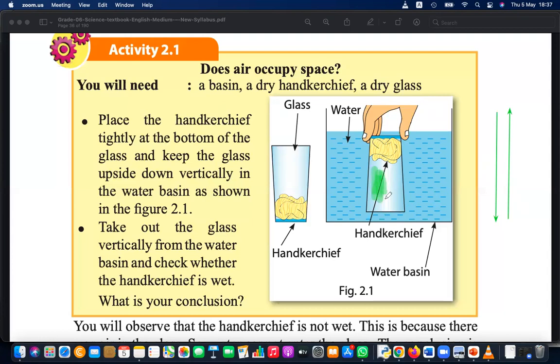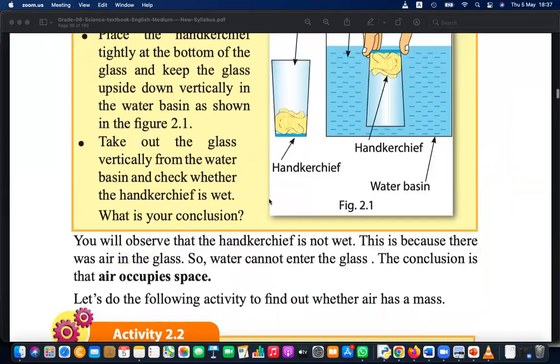In this area there will be air. Actually, this handkerchief is air sealed. You cannot see air, but anyway, it occupies some space and it is protecting this handkerchief from being wet, right? That is why this will be dry. So that is one experiment.